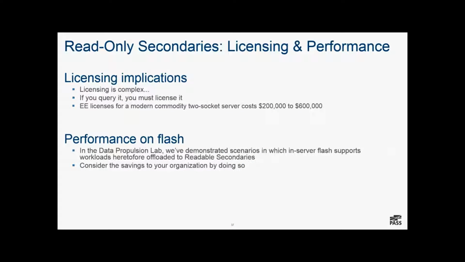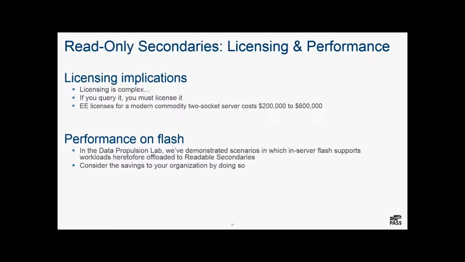Okay, licensing performance. This is pretty interesting. I mentioned licensing a second ago in the context of readable secondaries. Licensing is complex, and I'm going to leave that to the experts. It's also expensive. It can cost up to $500,000. This is no kidding, folks.